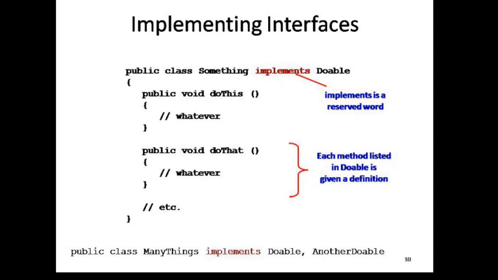So public class something implements doable. This doable interface is being implemented by the something class. So it has to define or give the body of the do this function and whatever functions are declared inside the doable interface.